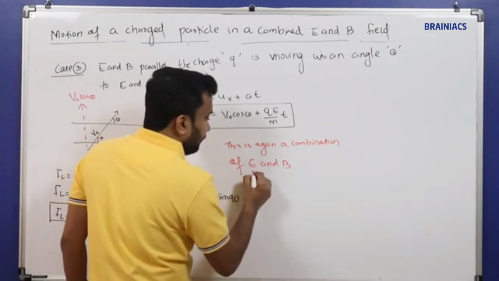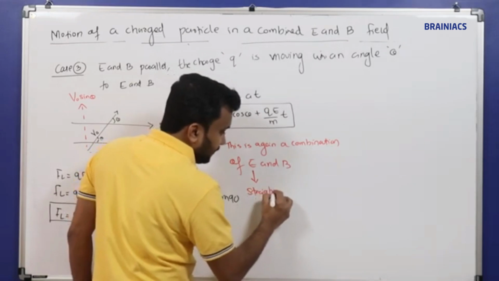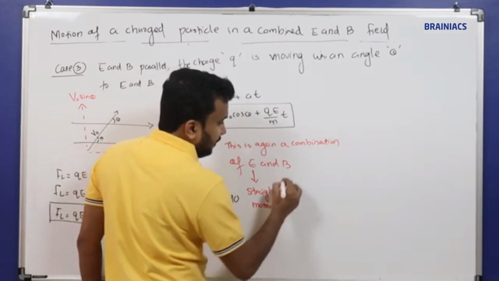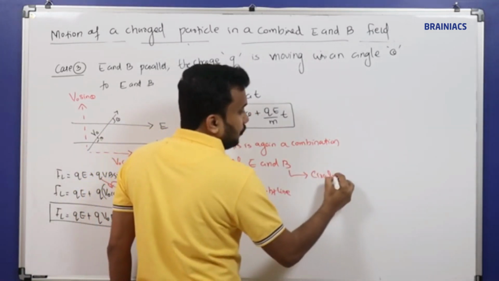The electric field will give rise to straight line motion, and B will give rise to circular motion.